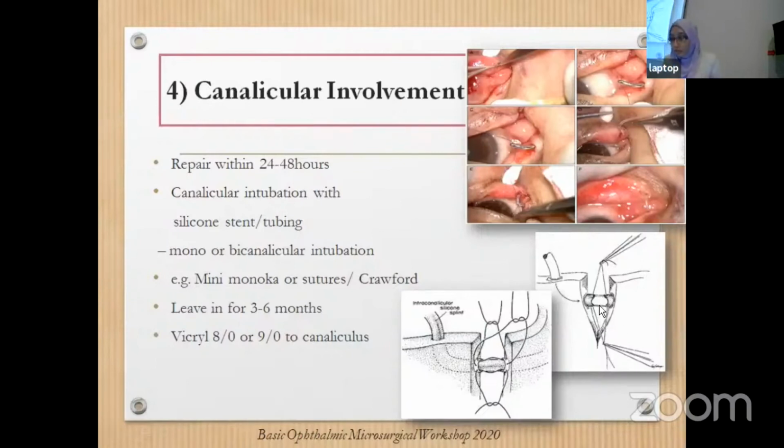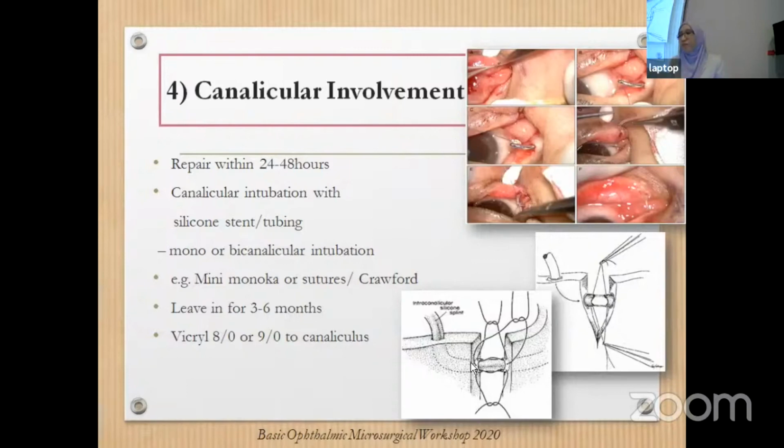This is another technique of how we anchor the mini Monoka. We can anchor at the mini Monoka stent itself, but I prefer this technique actually. We can use Crawford also to intubate the canaliculus, and this stent we can leave for 3 to 6 months.